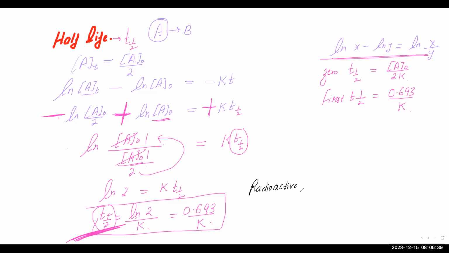Radioactive nuclear reactions are not part of AP chemistry, but earlier it was. Now we are not teaching it. But all radioactive reactions, the nuclear reactions, where nuclear decay is taking place, are of first order kinetics. That's why they have fixed half-lives.